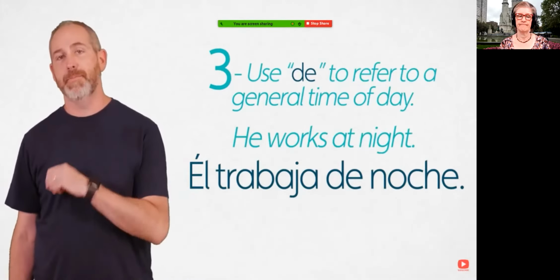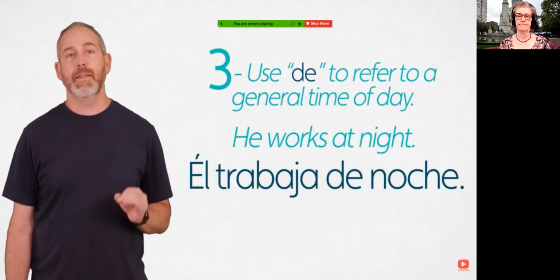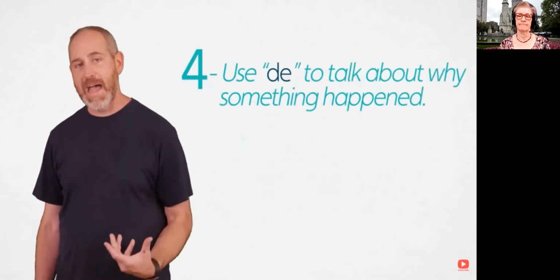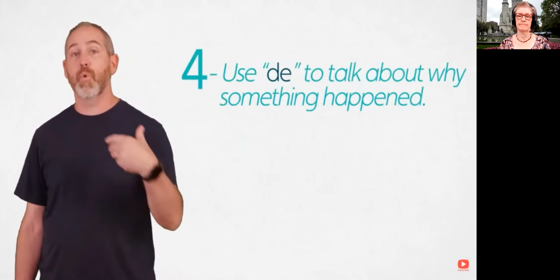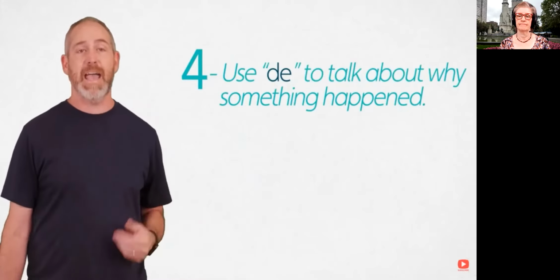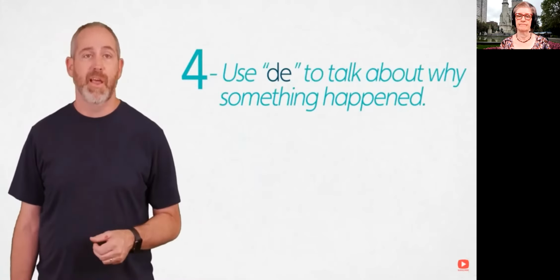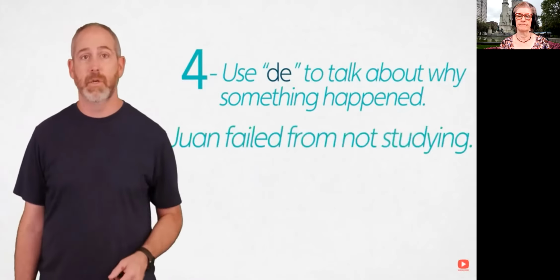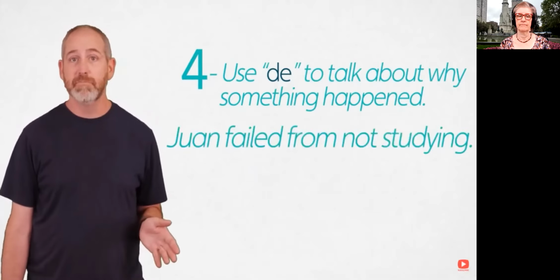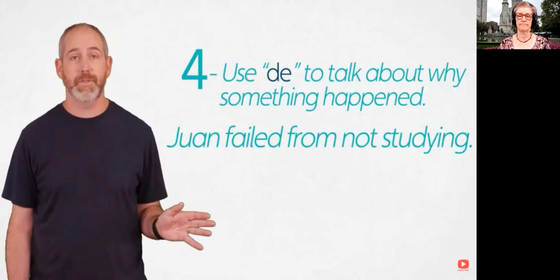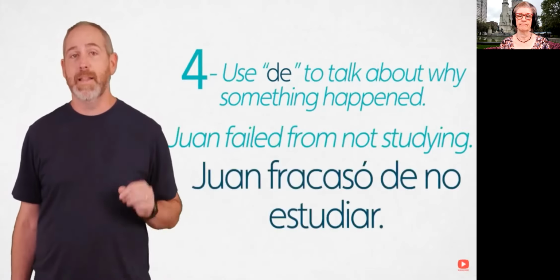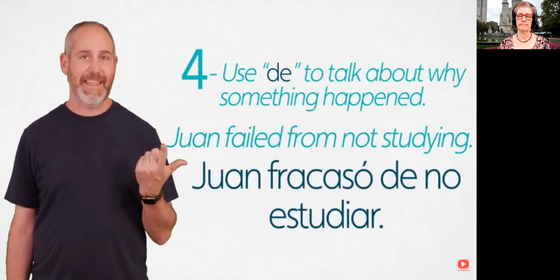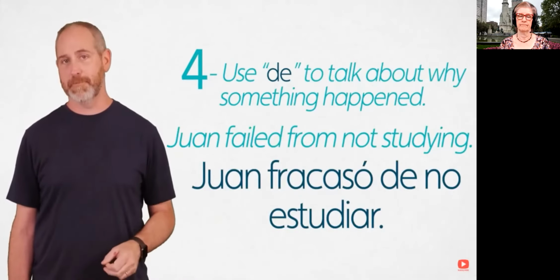Okay, so there's one more. We can use de to talk about why something happened or the reason behind something happening. We can say this one. It's bad news, but Juan failed from not studying. Okay, sorry, Juan, should have studied. Juan fracasó de no estudiar.